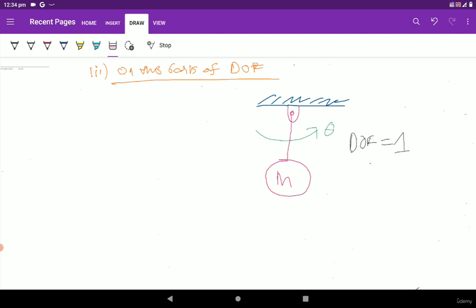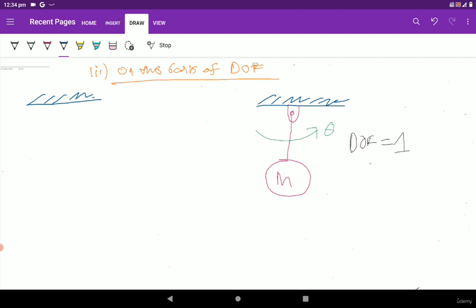Okay, so let's consider another example based on this example. Consider the string system.